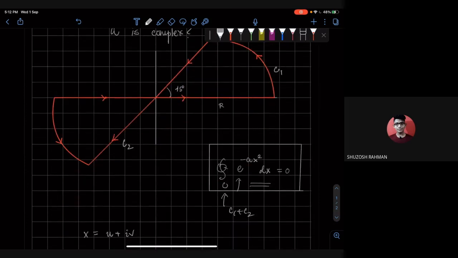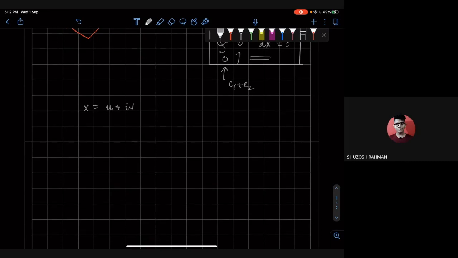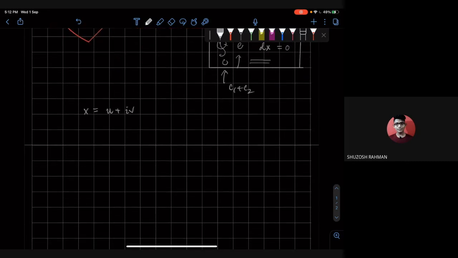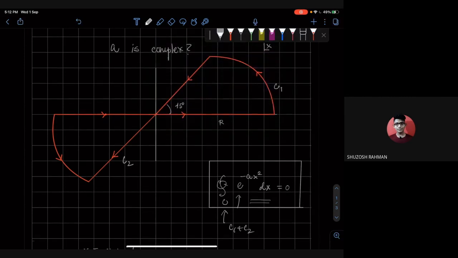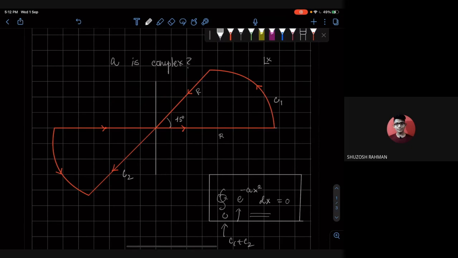What you'll find is that the complex contour integral has the same formal result, but the real part of a has to be positive. That has to do with the fact that at some point you have to take R, the radius, to infinity. When you take the limit of R to infinity, the contribution from this part of the contour and this part of the contour will vanish.